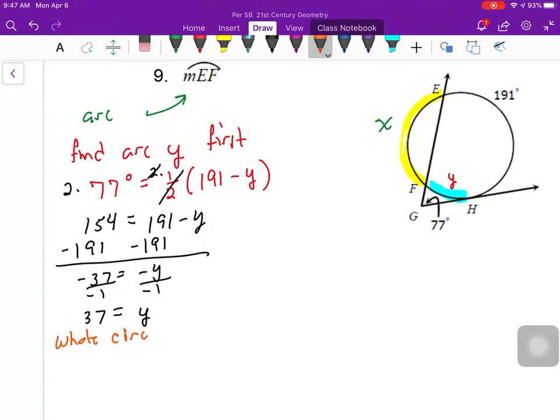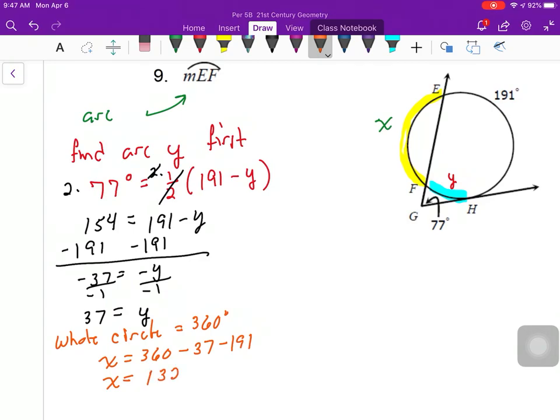But now to find the X. To find the X, the whole circle is 360 degrees. So X will equal 360 minus 37 minus 191.